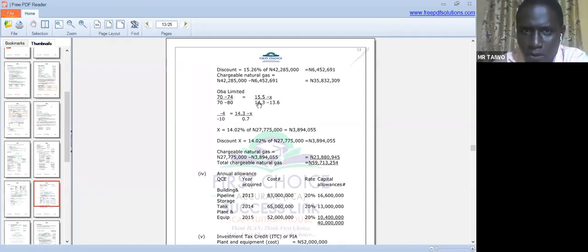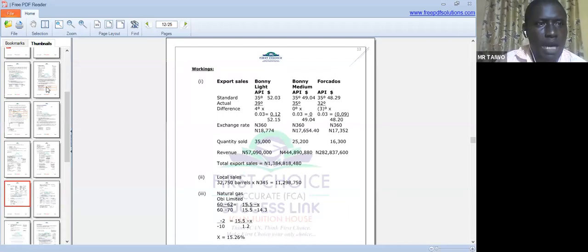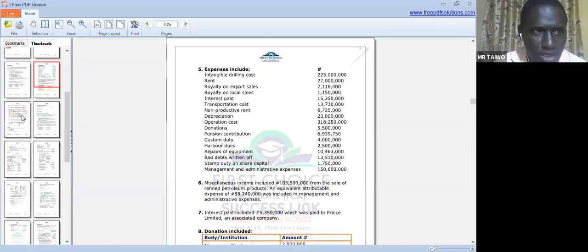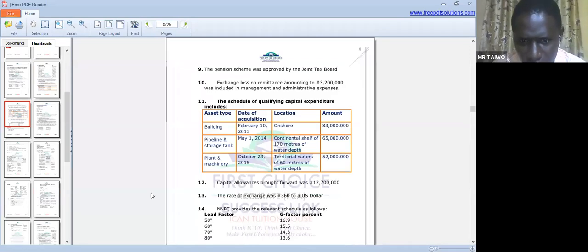For 70, 15.5. It should not be 15.5, it should be 14.3. Let's confirm the 70, because of some typographical errors that we can face. Once in a while, not all the time, but sometimes. I guess it's 14.3. Can you see 14.3?